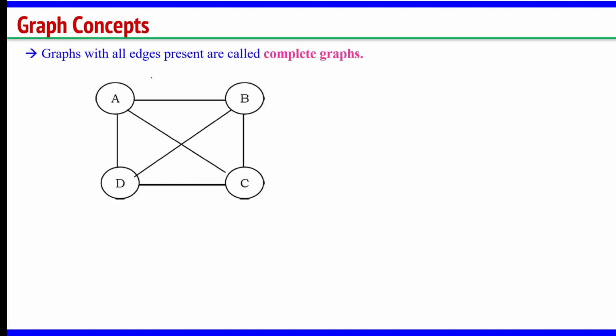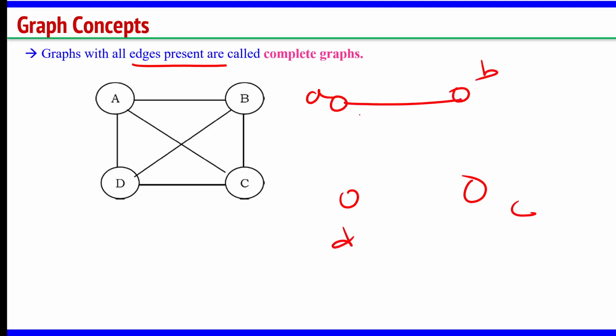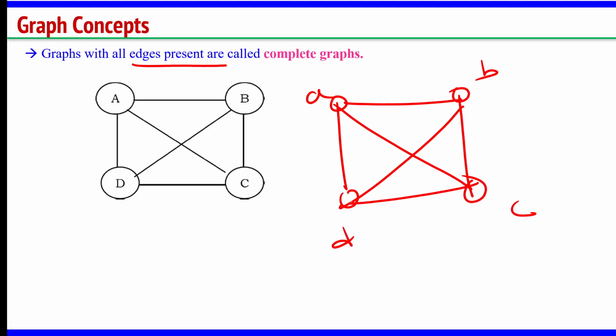Next, complete graph. A graph with all edges is called complete, meaning, if I have 4 vertices like this, A, B, C, D, from this vertex I have paths to all 3 others. From B I already have to A, to C, to D. From C I have to A and B, and to D. From D, like this. If from a vertex you have paths to all other vertices, then that kind of graph is called a complete graph.